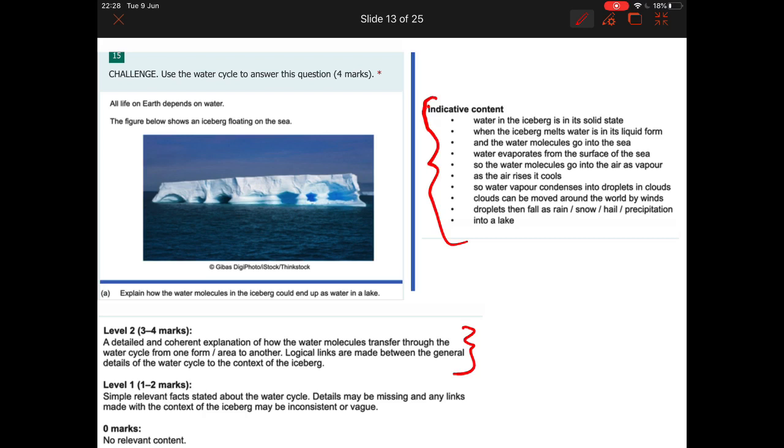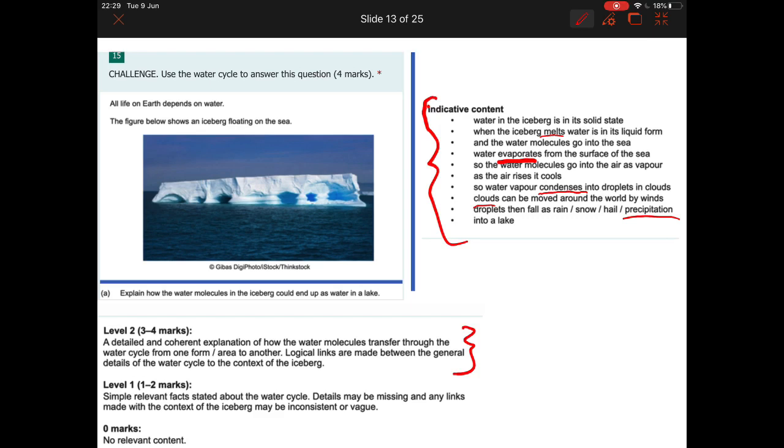Okay, so if you look back, we could look into evaporation over here. We talked about the iceberg melting. We talked about condensation that's occurring, and the clouds moving around, and then we also talked about precipitation. Okay, and it all links.